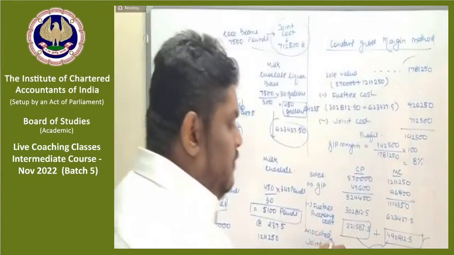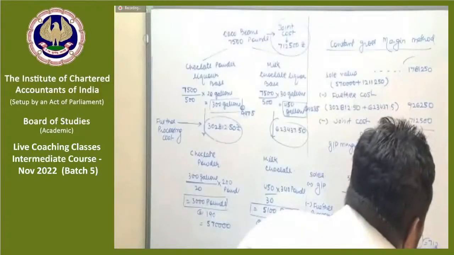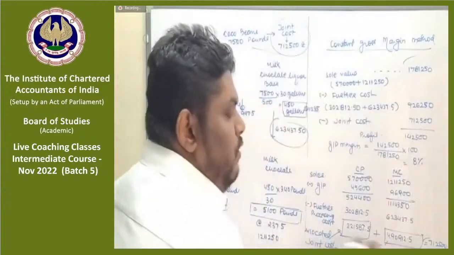So this is the joint cost as allocated. The total of this cost will be 7,12,500. So this is the joint cost that is allocated.